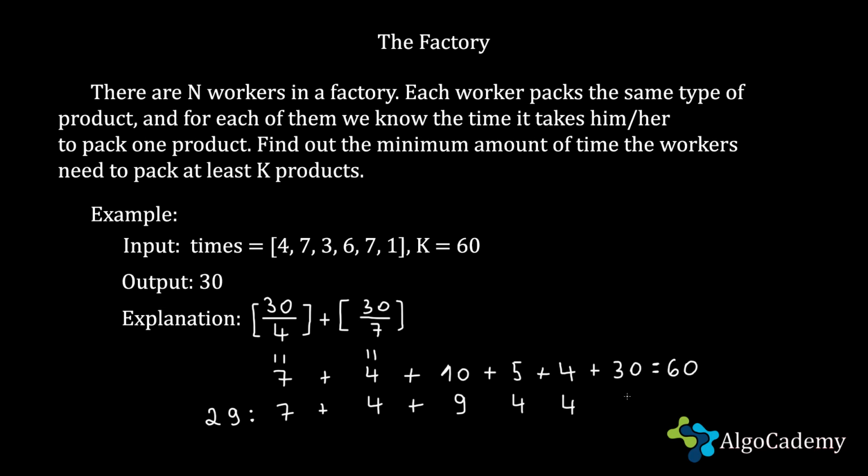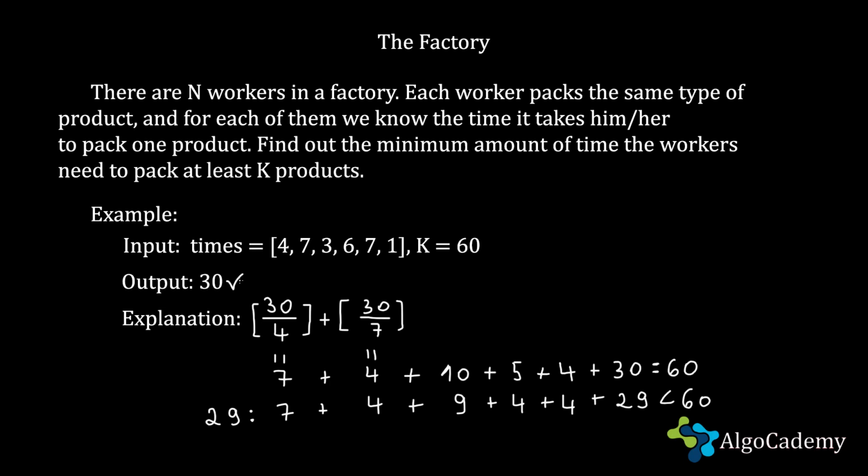And divided by 1 is 29, right? So it's pretty obvious that this sum is less than 60. So if in 29 units of time they weren't able to pack at least 60 products, and in 30 units of time they were able to do that, this means that 30 is the minimum amount of time they need in order to do the job.